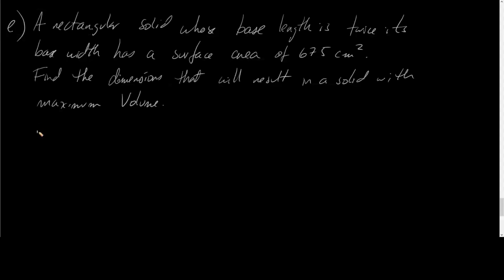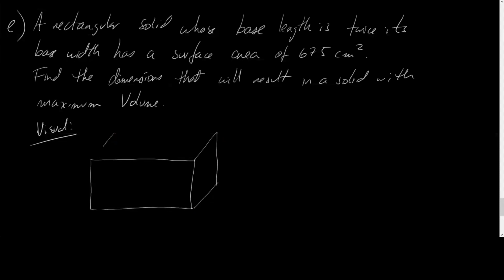So in here, let me start with a visual. And the visuals are always super helpful to figure out what's going on. All right. And what do we have here? Rectangular solid. So a box, essentially. A rectangular solid whose base length is twice its base width. All right. So let's see how we're going to draw that. And I guess this is pretty good.